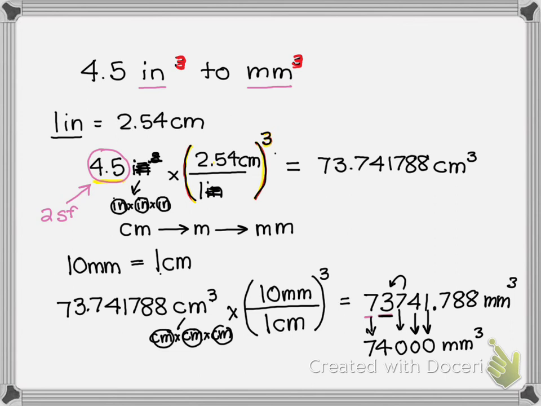If it was prompting me to write scientific notation, then you move the decimal 1, 2, 3, 4 places to the left, and I would have 7.4 times 10 to the 4th millimeters cubed. So either one of those answers.